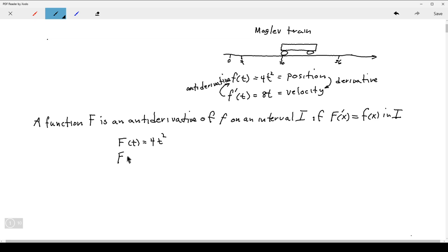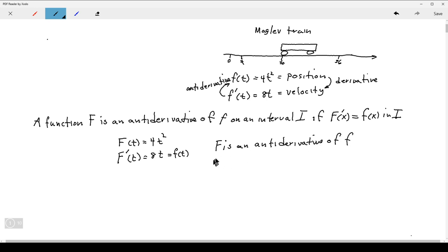So capital F prime of t would be 8t, all right, which is what is being represented here by f of t. All right, so we would say that capital F is an antiderivative of f.